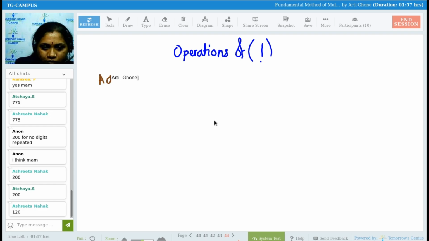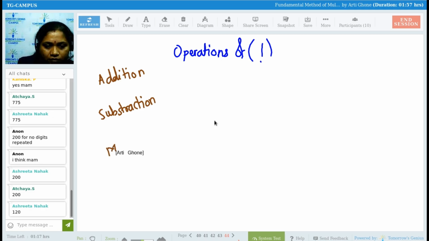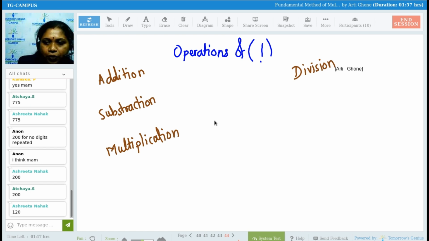Now what is the first operation? Addition. The next operation is subtraction. The third operation is multiplication. The fourth operation is division. The fifth operation is scalar multiplication.